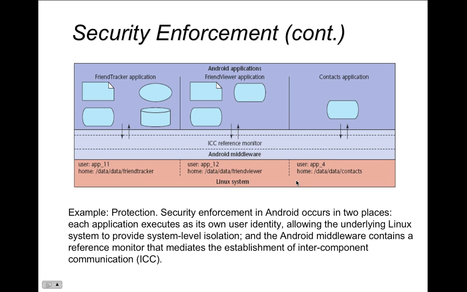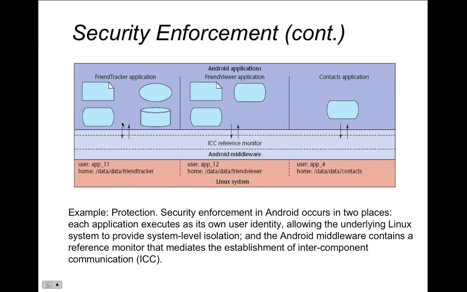These are just different apps that would run from different user perspectives. So think of these as different shell environments, which would be the Linux or Unix equivalent to that concept. And then we have the location data, friend tracker, friend viewer, and contact data using a contact list or a contact application, probably through a content provider. And here would be the application level.